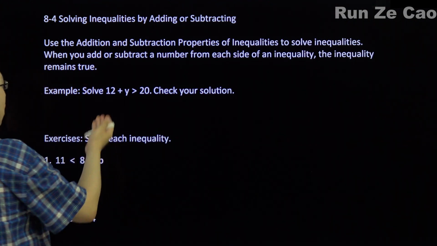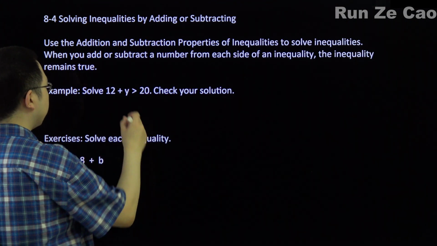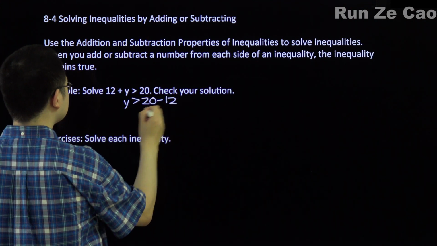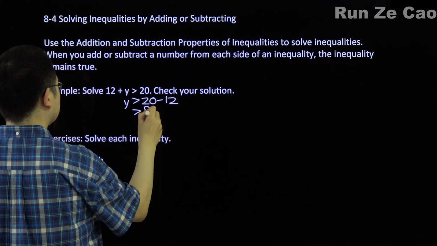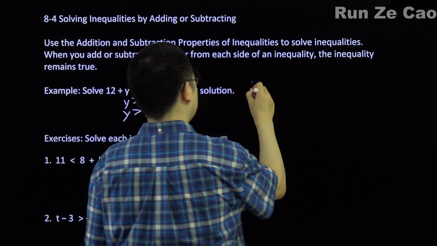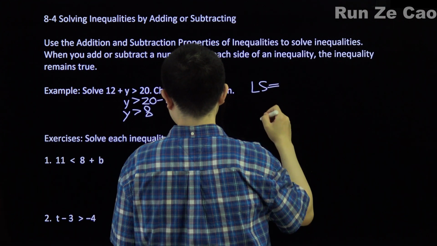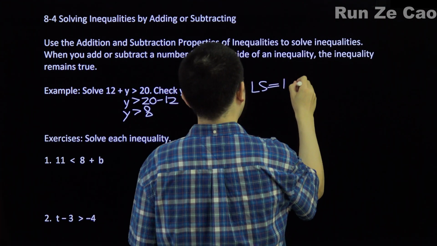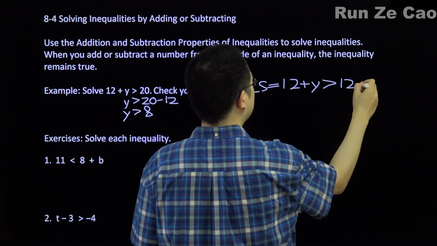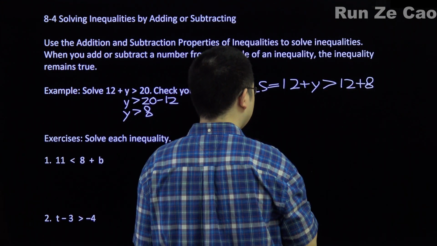For example, solve 12 plus y is greater than 20. Well, y is greater than 20 minus 12. So y is greater than 8. Okay, then check your solution. Left side is equal to 12 plus y, which is greater than 12 plus 8, because y is greater than 8.